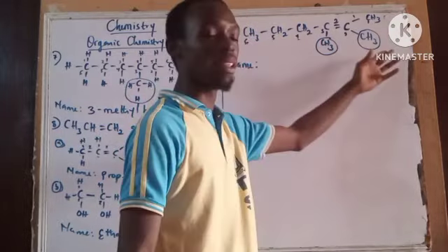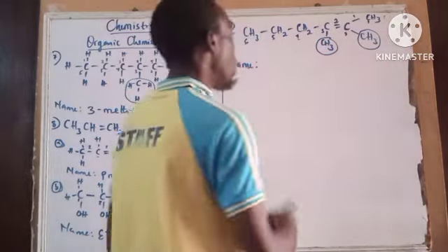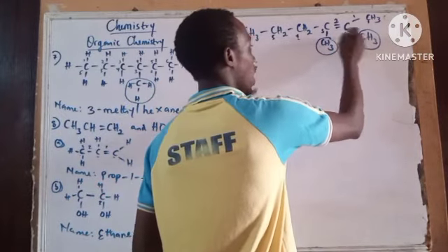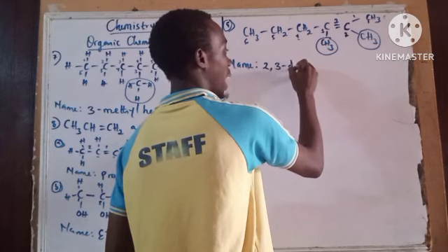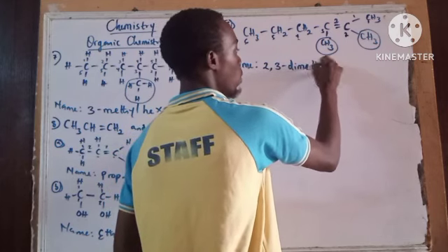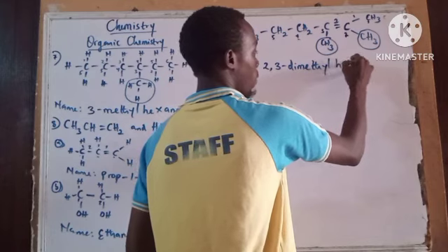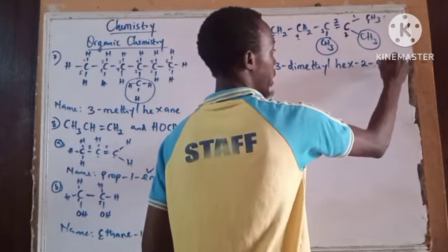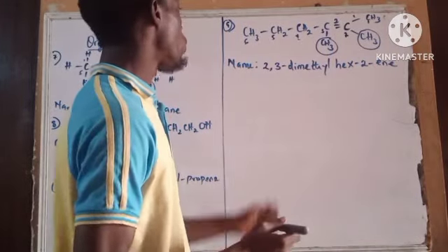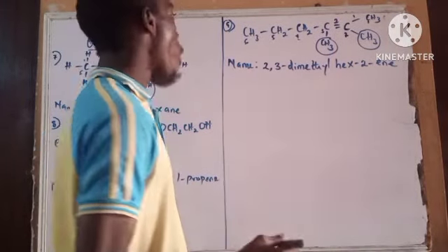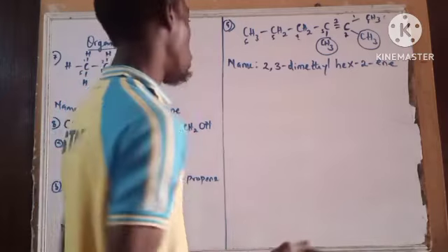And I have two similar substituents, methyl, one on carbon 2 and the other on carbon 3. So I'll write 2,3-dimethylhex-2-ene. This is the name for this compound in question number 9.